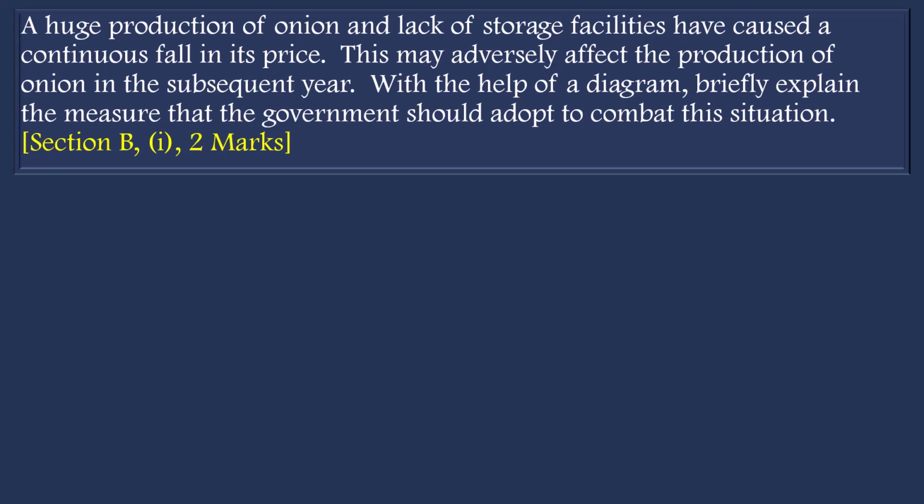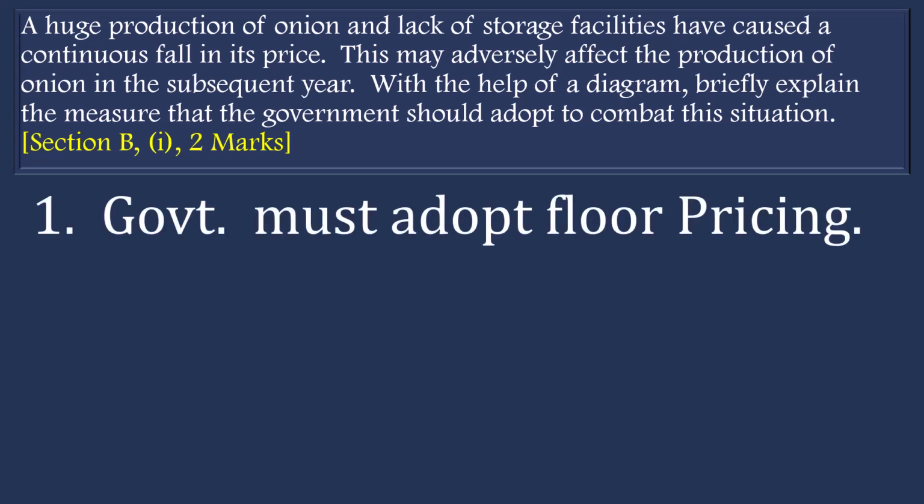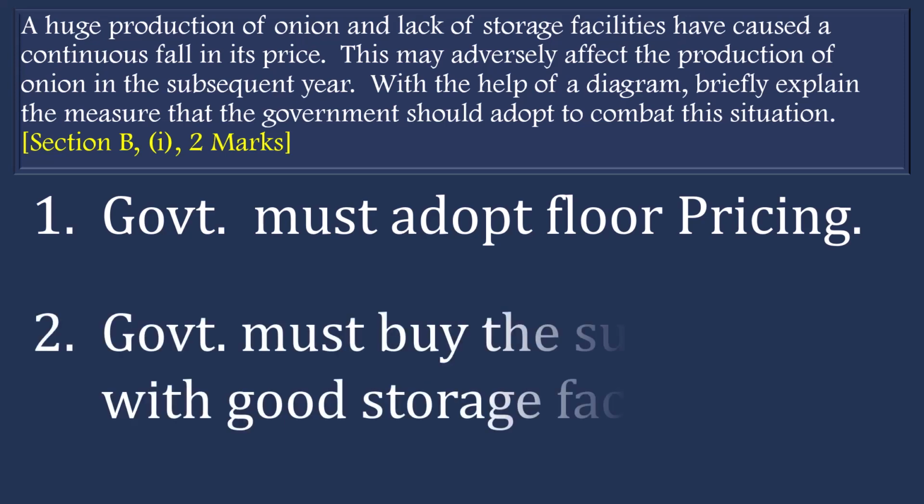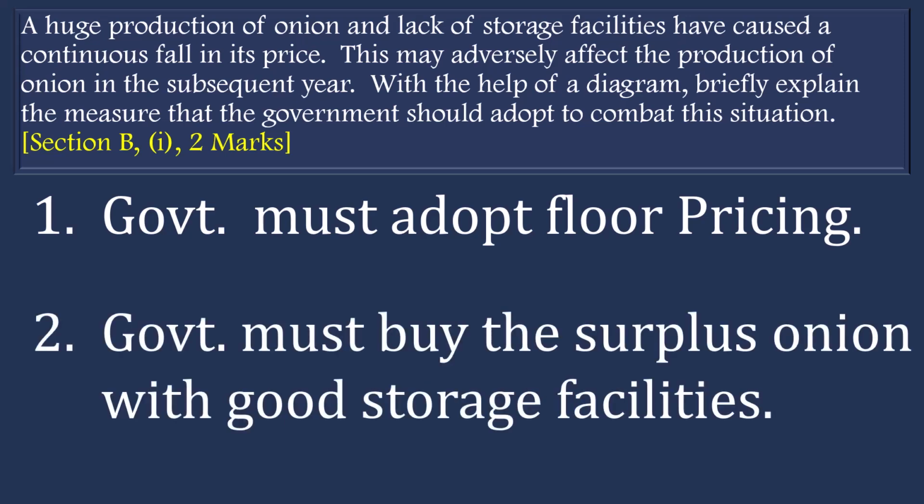The measures that a government should adopt to combat this situation are: 1. Government must adopt floor pricing. 2. Government must buy the surplus onion with good storage facilities.